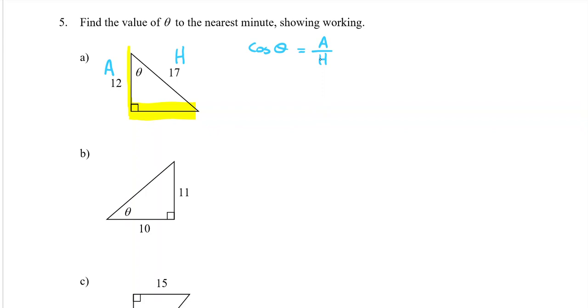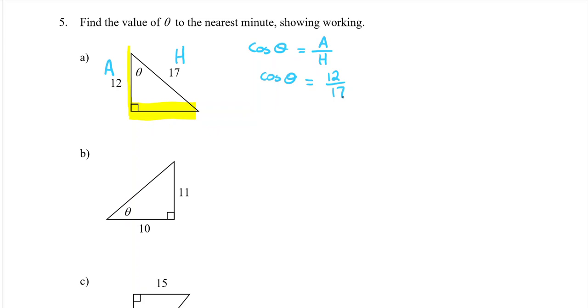My second line is going to be to sub the numbers in, just like before. But this time I don't know the theta, so the angle stays there as a theta. Cos theta equals, but I should have numbers for both of these. My adjacent is the 12, and my hypotenuse is the 17. So it will be 12 over 17.